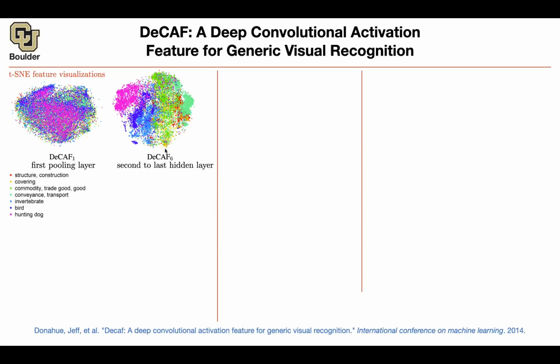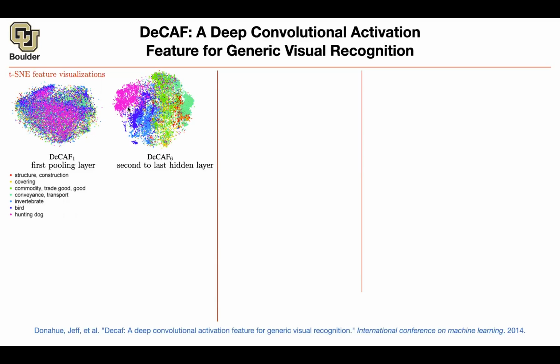You can do the same thing deeper into the neural network, near the labels. The labels that you're seeing are the ground truth that we are using to color code. Let's take a look at, for instance, hunting dog. For DeCAF 1, it's hard to distinguish these big classes of categories in this visualization.